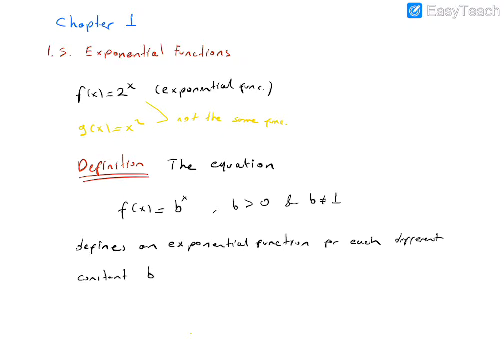Here b is called the base, and the domain of the exponential function is the set of all real numbers, and the range of the function f is the set of all positive real numbers.